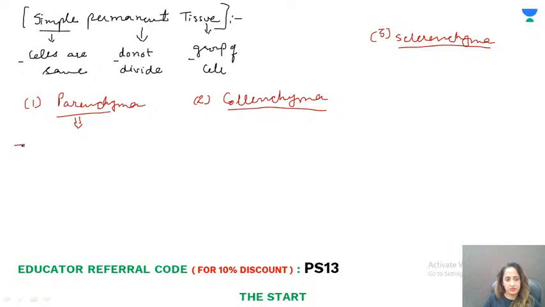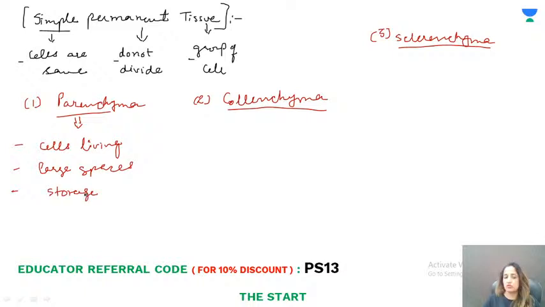Their characteristics are, they are cells which are living. They have large spaces between them, and they are used for storage.